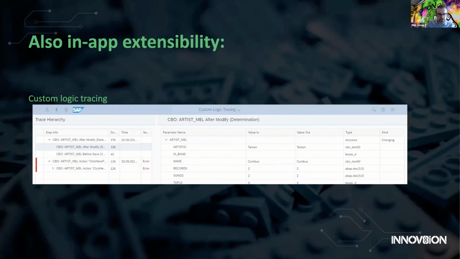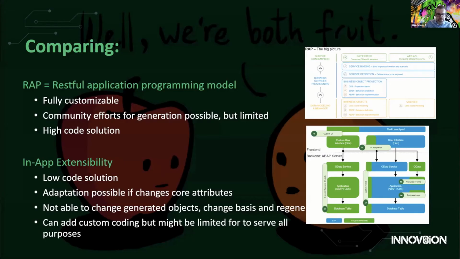And of course, we would like to debug, we would like to trace, we would like to see what's happening, even in this custom logic which we've written in the ABAP web editor. So then there's custom logic tracing, which we can use to our benefits. So let's do a bit of comparison. If we have the option in-app extensibility, that's what we just discussed.